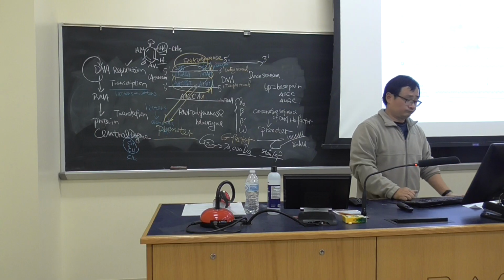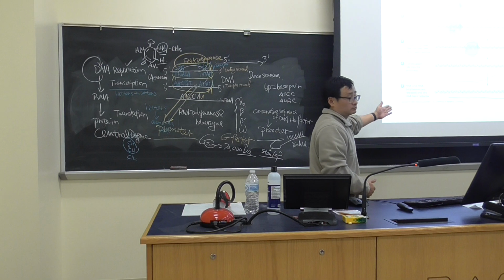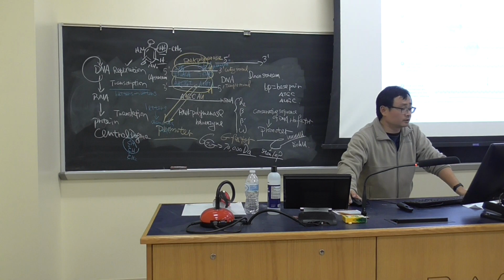This is a cartoon movie picture. What will happen? The promoter is there, transcription starts. RNA polymerase recognizes the promoter, the -10, -35 conservative sequence. Then the synthesis: RNA synthesis by complementary base pairing of nucleotides with the bases on the template DNA strand.